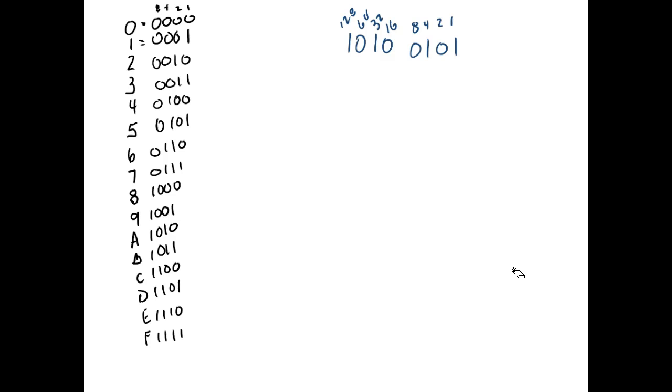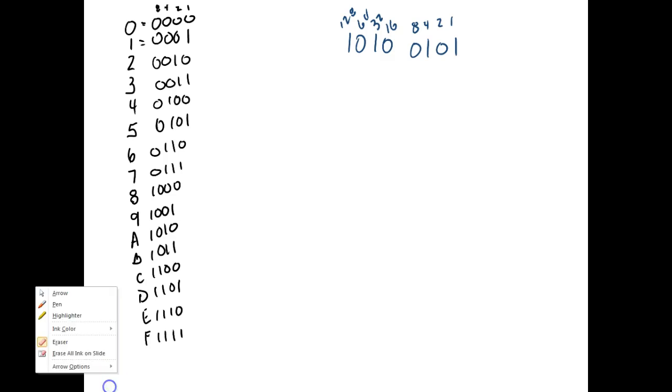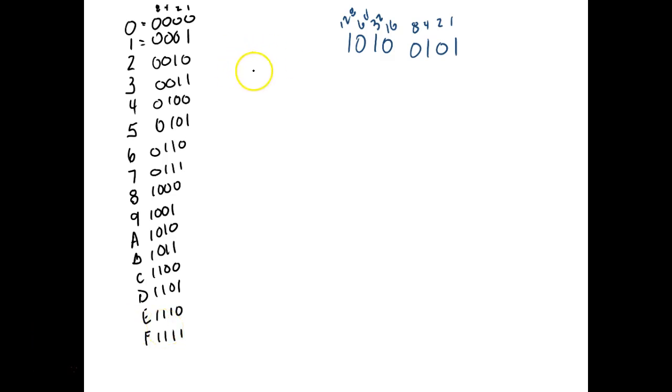Now I know you like decimal because that's what you dealt with all your life. Now hexadecimal, octal, how many patterns do we have to learn? Octal, how many patterns do we have? Just 8 patterns, right? So that's what's nice about octal: you don't have to memorize 16 patterns, you just got to remember 8.